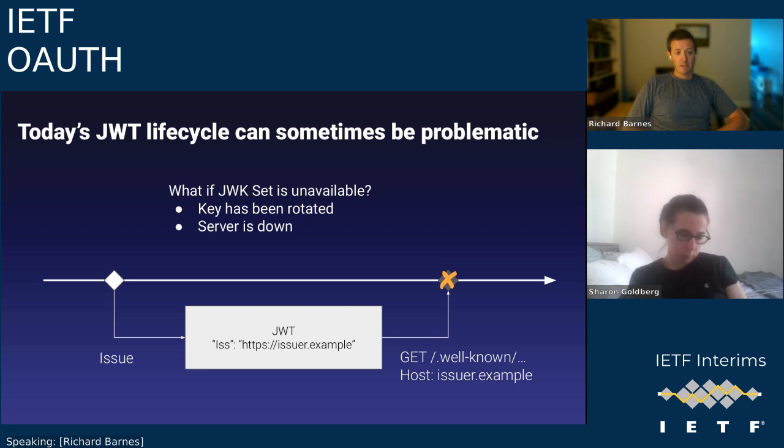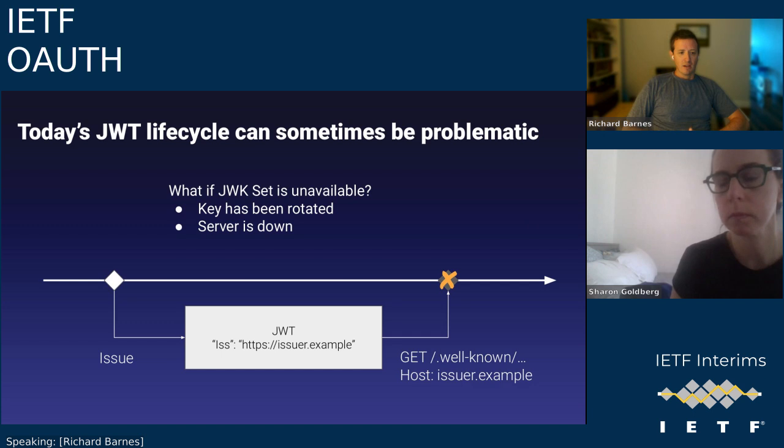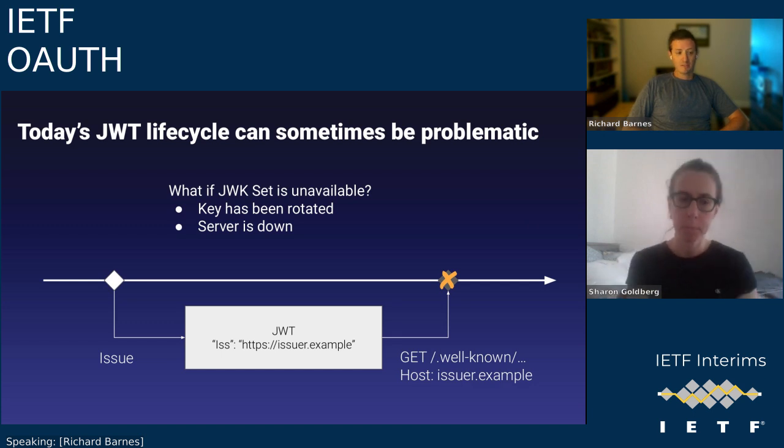And you want to verify the signature on that. So you need to get the keys that are trusted for this issuer. There's a standard OpenID discovery mechanism that you use to get that key set over HTTP. There's a similar one in SD-JWT VC.